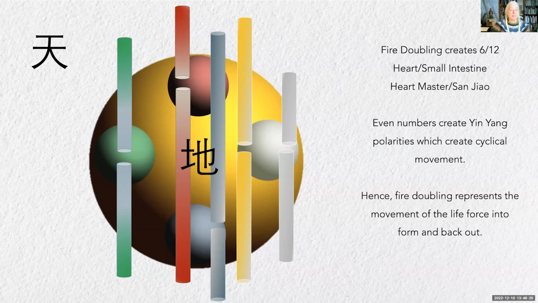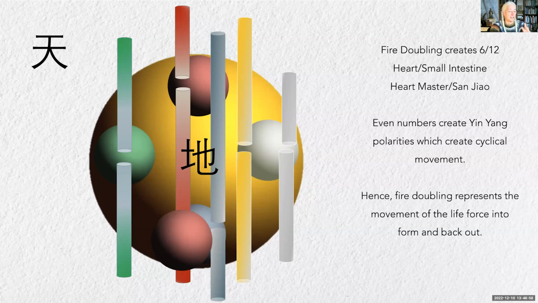With even numbers, there's movement, and things are tense and have a tension between them because of polarities. When there's a number 6, an even number, and there's movement, what is it that's moving? It's fire. Fire is moving. And this we'll see talked about very explicitly in the Neijing. So fire doubling creates a 6.